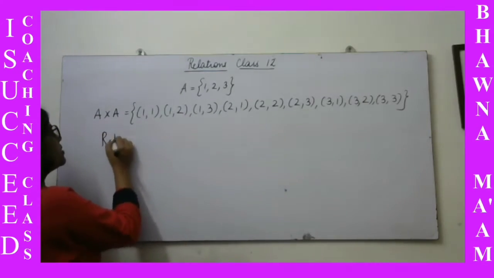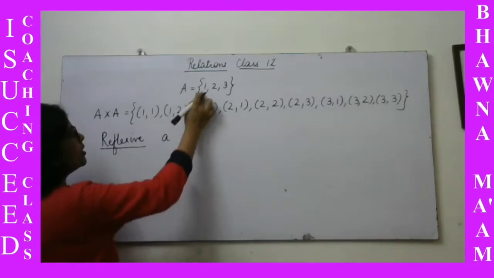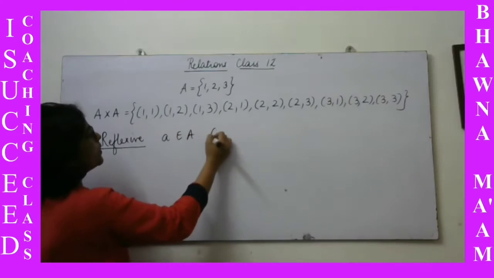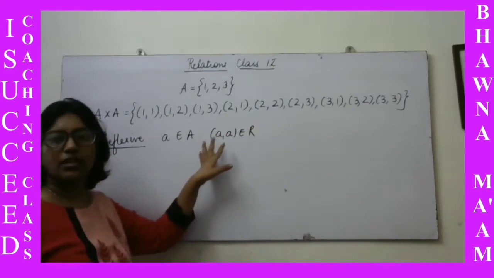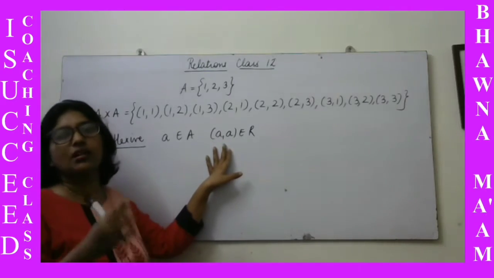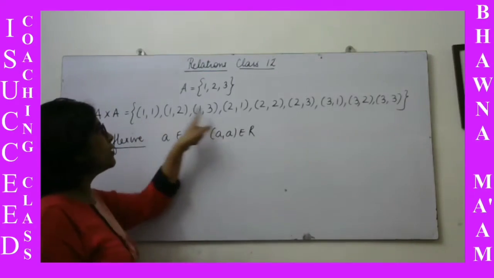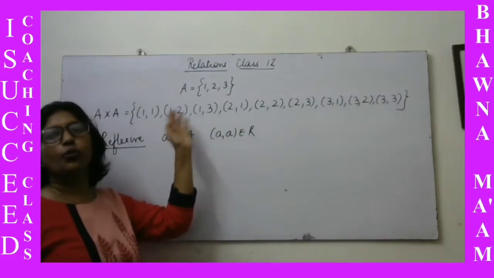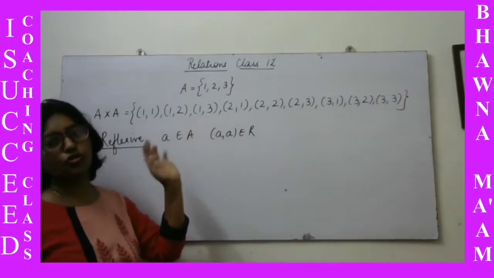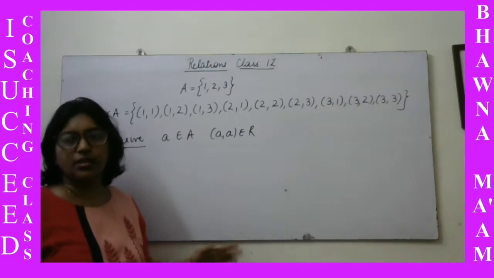Now let us first see what is the reflexive relation. Reflexive relation means that relation in which if any element belongs to A, then (a, a) should belong to the relation. मतलब इतना तो होना ही चाहिए. Besides this, अगर दूसरा कुछ भी होगा like (1, 1), (2, 2), (3, 3) है, fine. Besides it (1, 2), (1, 3), (1, 4), that also should be there, or if it is there, doesn't matter.